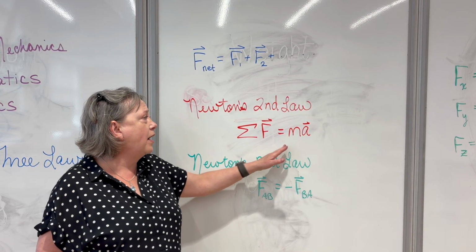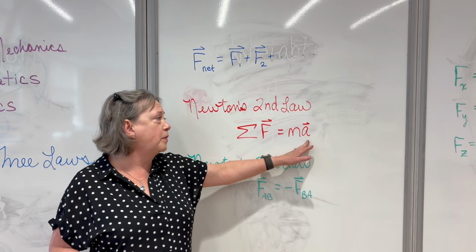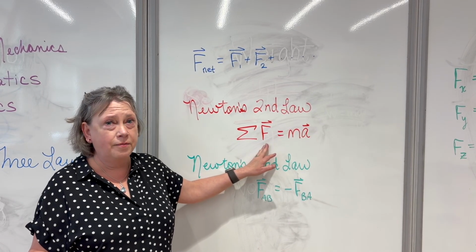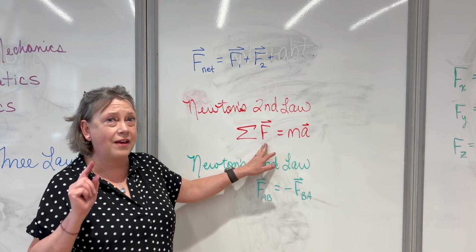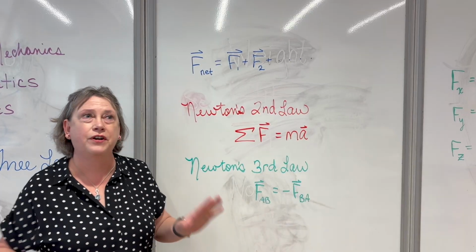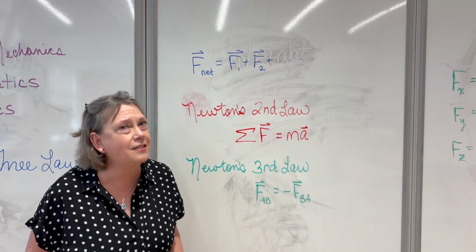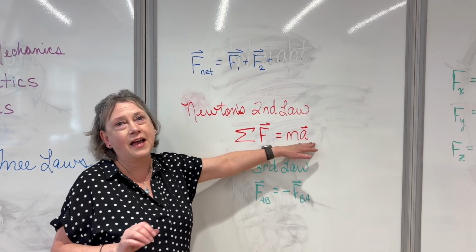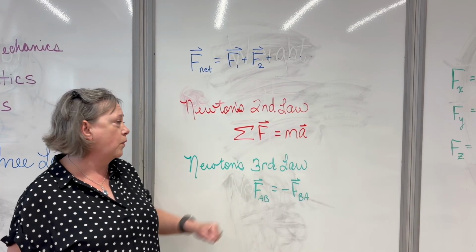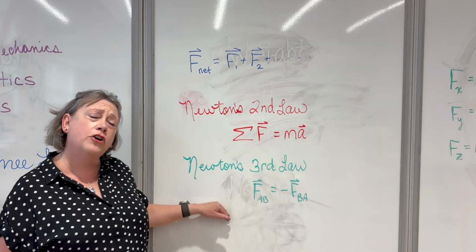So anytime you have a scalar multiplied by a vector, you're going to get a vector back, and this vector will have the exact same direction as this vector. It'll have a different number part, it'll have a different unit, but the acceleration vector direction will be identical to the net force.